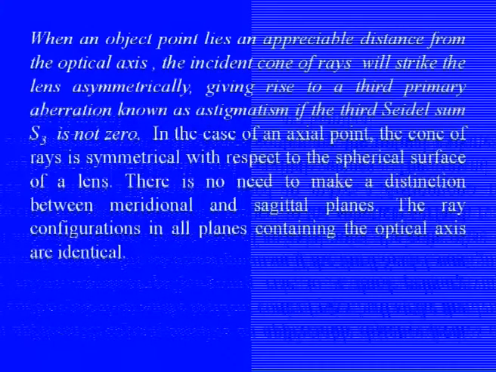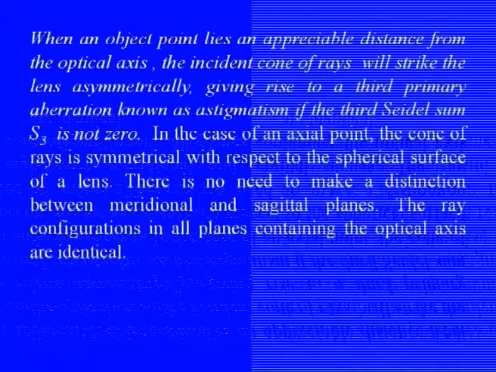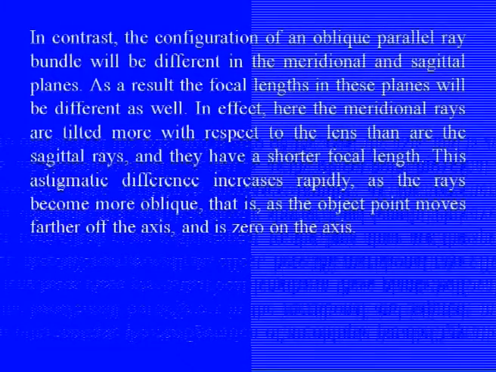In the case of an axial point, the cone of rays is symmetrical with respect to the spherical surface of a lens. There is no need to make a distinction between meridional and sagittal planes. The ray configurations in all planes containing the optical axis are identical there. In contrast, here the configuration of an oblique parallel ray will be different in the meridional and sagittal planes.